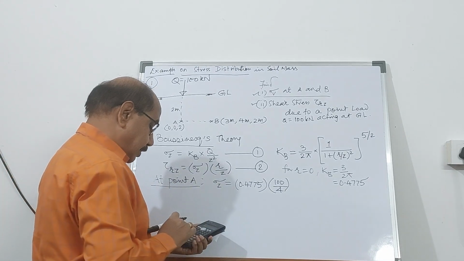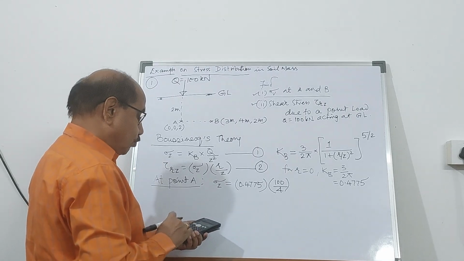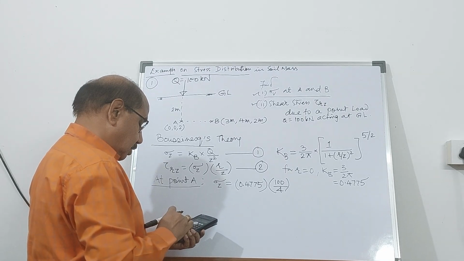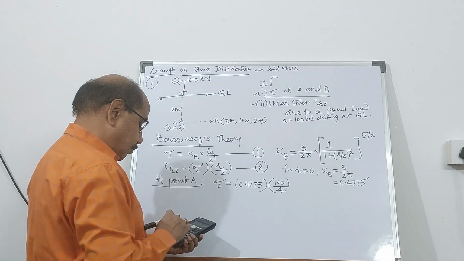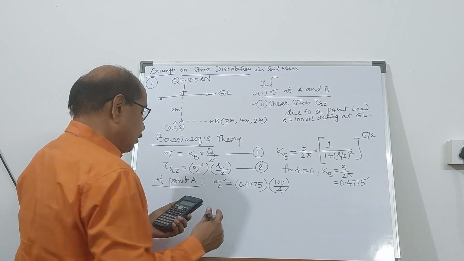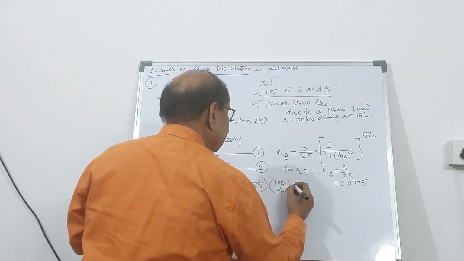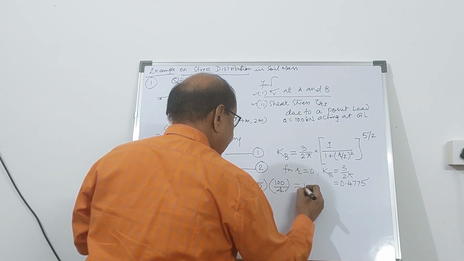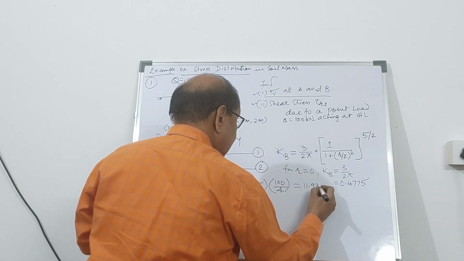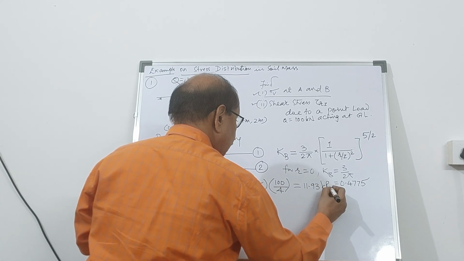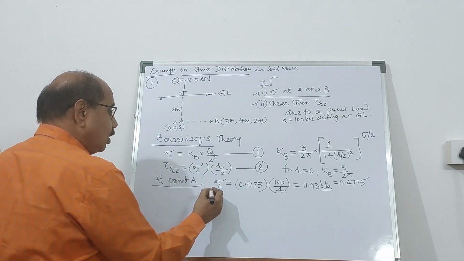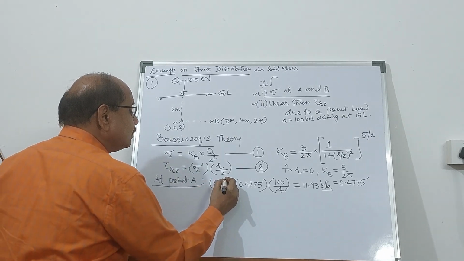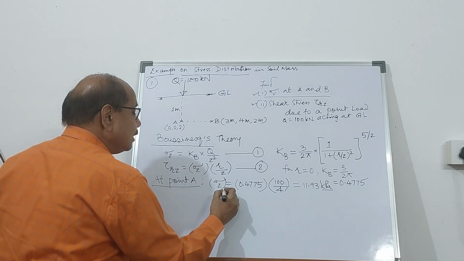If you calculate it, 47.75 divided by 4 gives you 11.93 kilopascal or kilonewton per meter square. This is the value of sigma z, the vertical stress at point A.